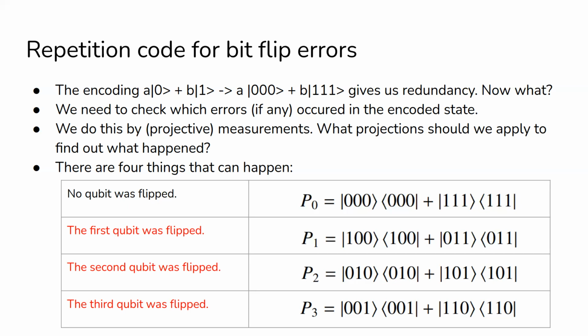My question is, if you are doing the measurement, in the ideal case you should get P naught. If you measure P naught, should that be a 1? What do you mean should be? I mean, if you project the state that is encoded in the circuit with P naught, you expect 1, right?